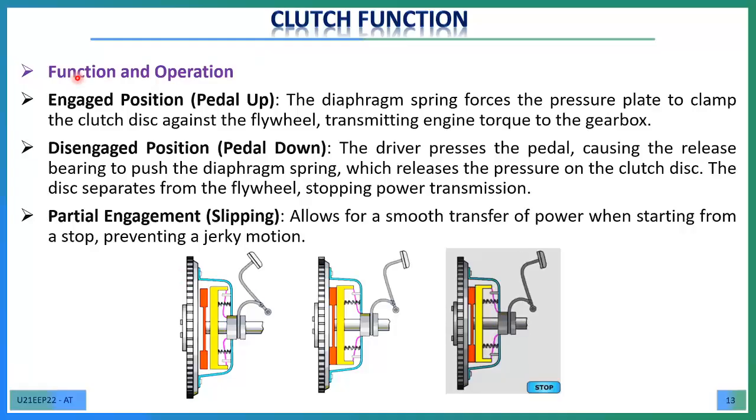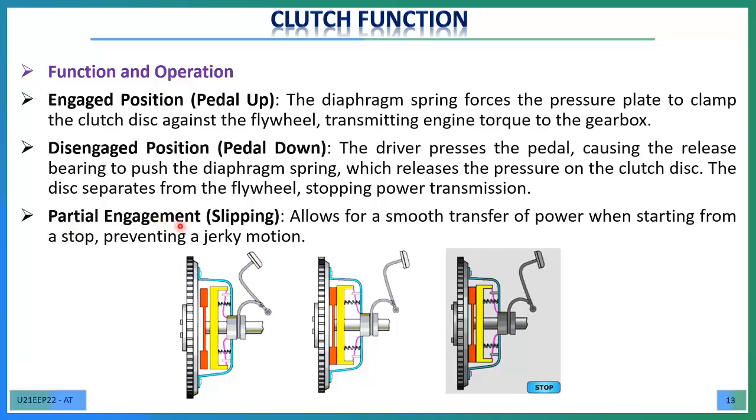We can now describe the function and operation. There are three operating positions: pedal up, pedal down, and partial engagement. We have seen the engaged and disengaged positions while applying the pedal up and down.